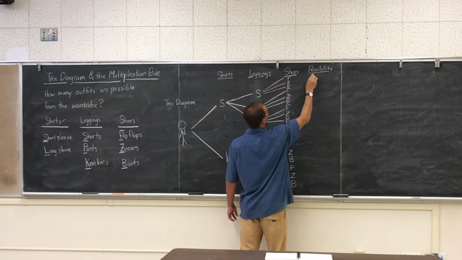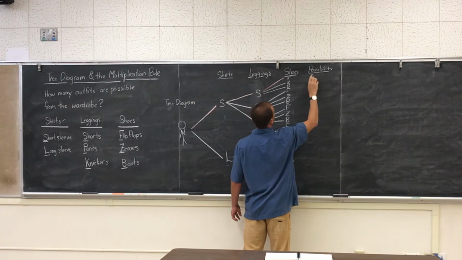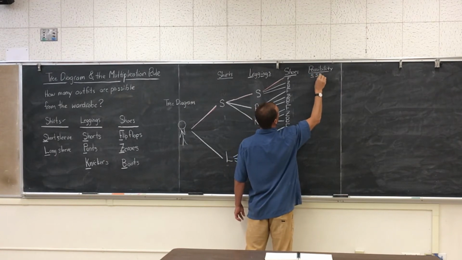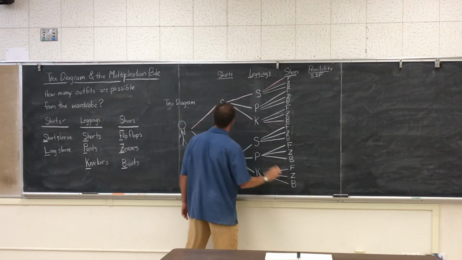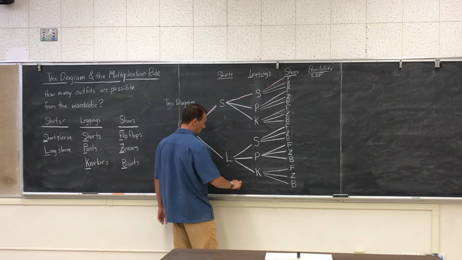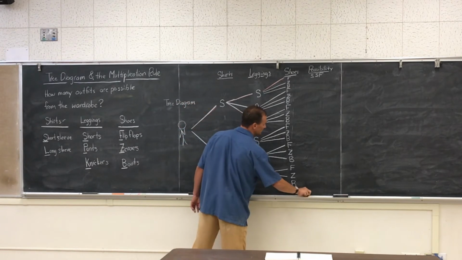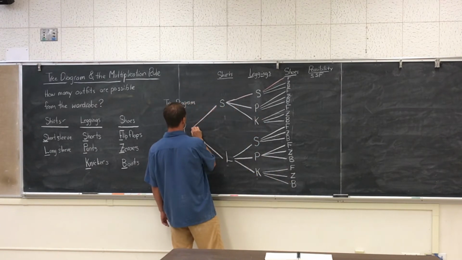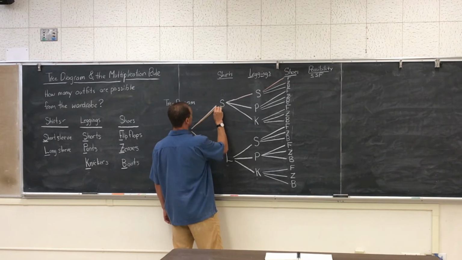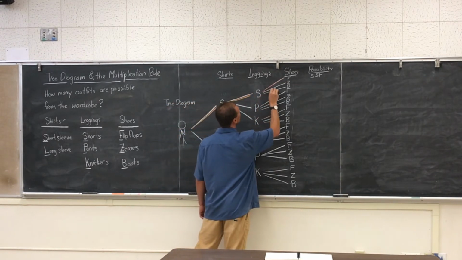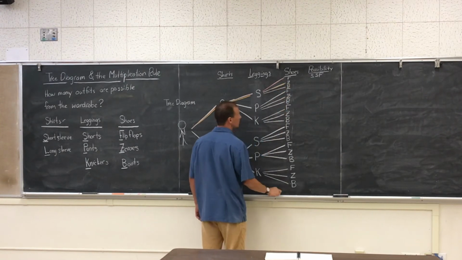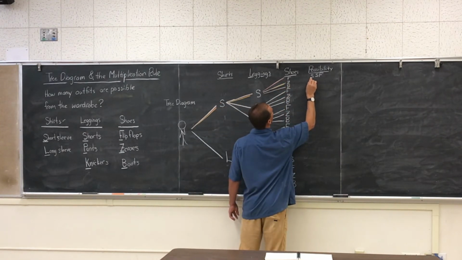So I would say that's short sleeve, shorts, flip-flop. Or I could have had the next one. The next branch, let's go in another color, would have been short sleeve, shorts, zeros.